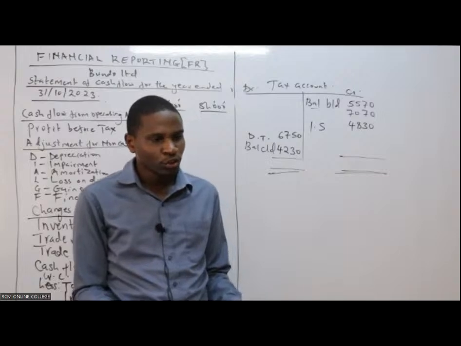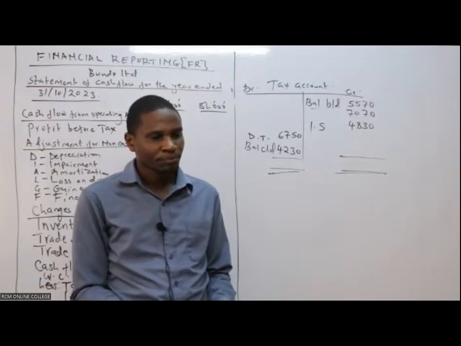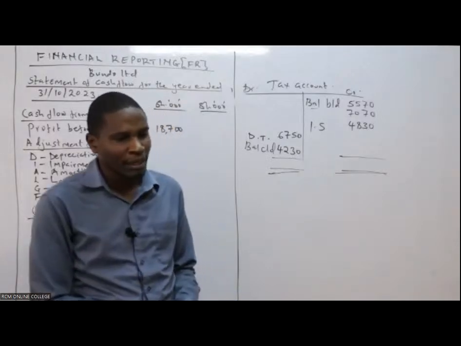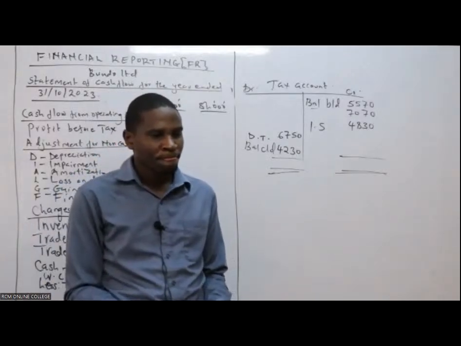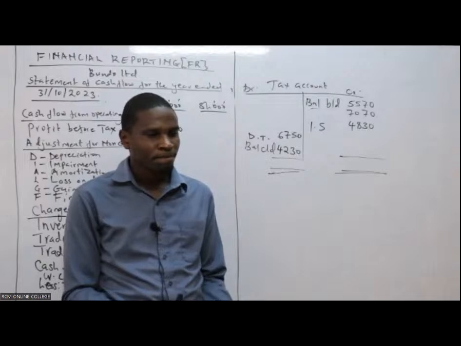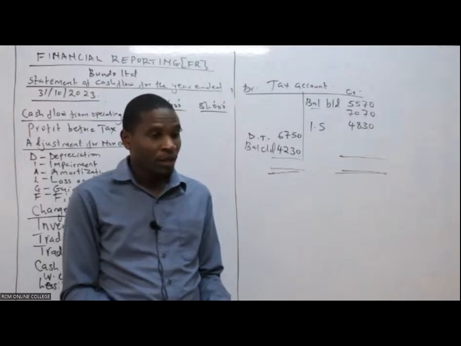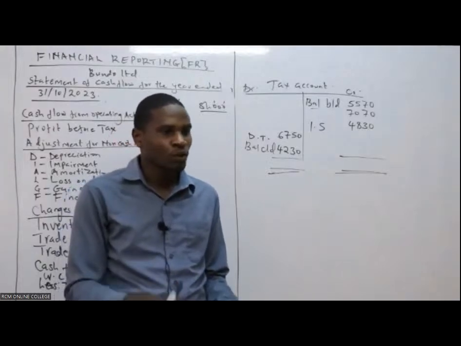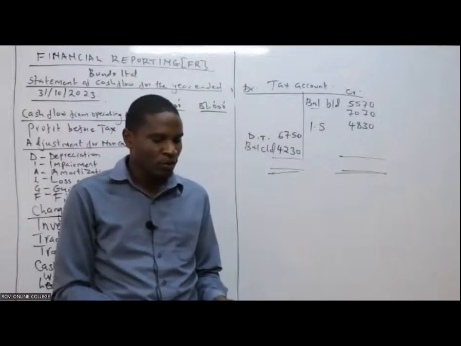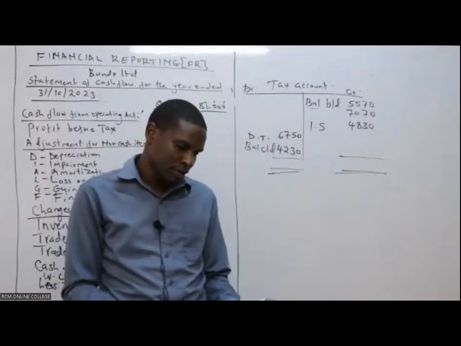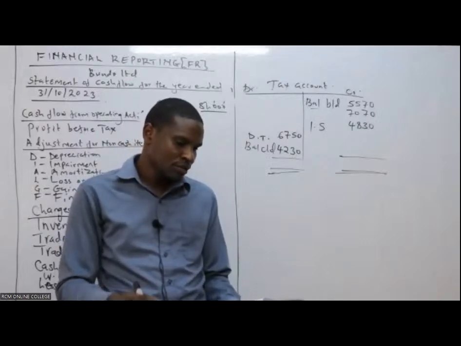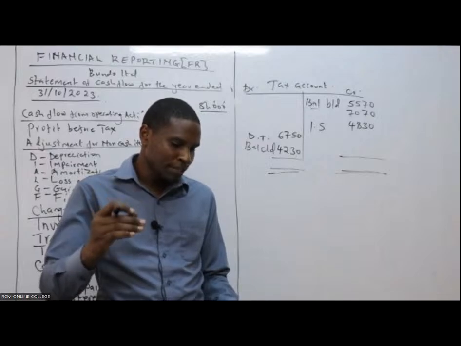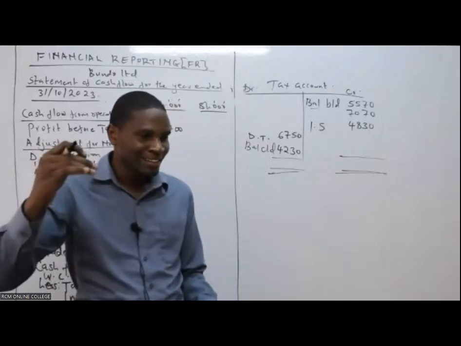What do you get? 360. Good. And then when you look at our income statement, we are told revaluation gain on property net of deferred tax is 840.